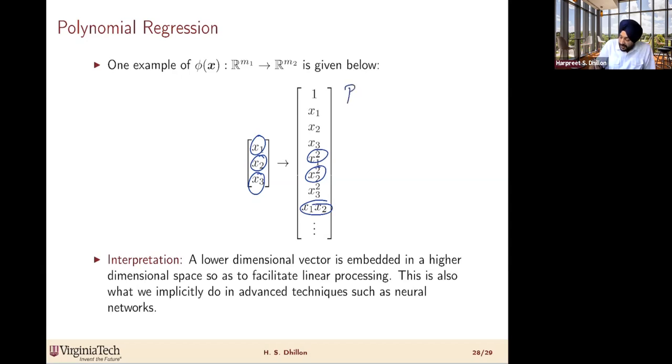You could have beta 0, beta 1, beta 2, and so on, a coefficient corresponding to each new feature. So what you are really doing here is embedding a lower dimensional vector into a high dimensional space, and you're doing it in such a way that it facilitates linear processing.